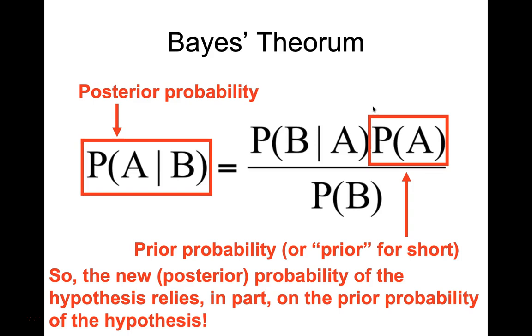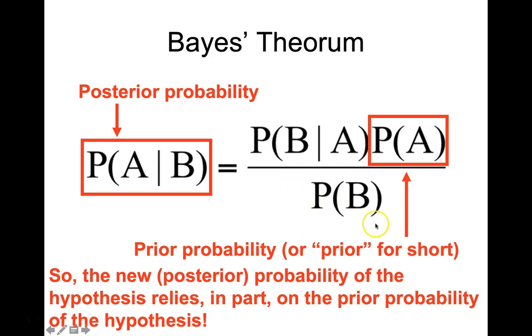Because now we have a stronger belief that the person does in fact have COVID-19 because they already had a positive result. So our new prior probability is not as naive. Our new prior probability is 15%. Although you would express that as a probability, so it would be 0.15, not as a percent, just to make the equation work.